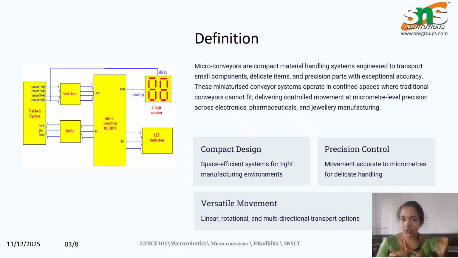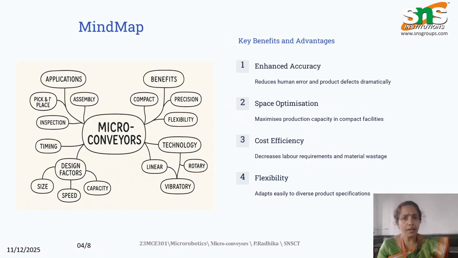It can also be a rotational belt. It can also go multi-directional. Those are based on the innovation of the structural or the design engineer. There are different types of conveyors, and the design can be totally different.